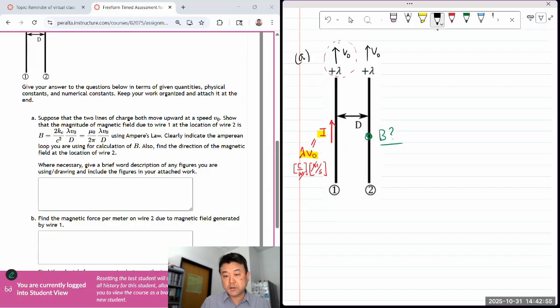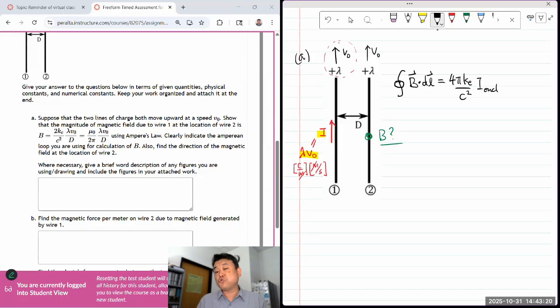The statement of Ampere's law is the line integral of B dot dl, and there's something special about this line integral. It's around the closed loop, the Amperian loop that I'm going to be choosing. That line integral is equal to, let me try to remember this, 4 pi ke over c squared times I enclosed.